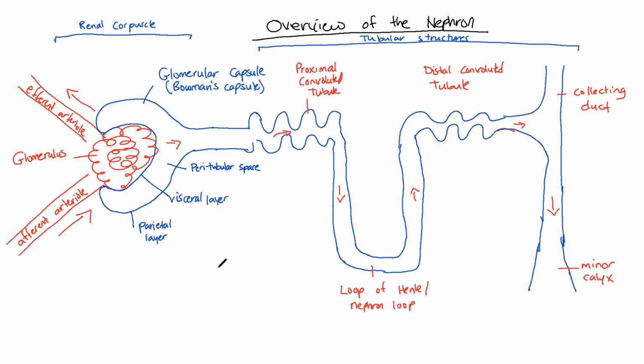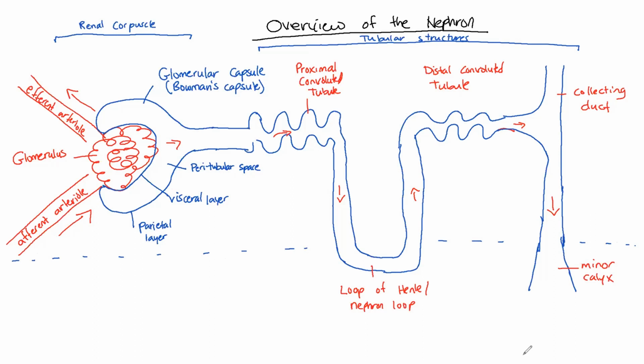Okay. The last thing I want to point out here before we move along is the difference between where these structures are located. So we have this separation here, this imaginary separation, where we have the renal corpuscle involving the glomerulus, the Bowman's capsule, the proximal tubule, the distal tubule.